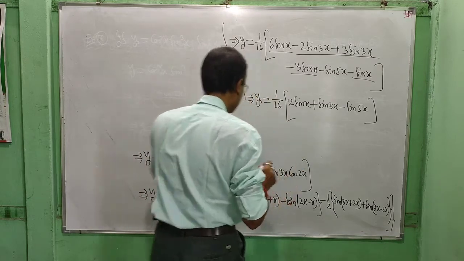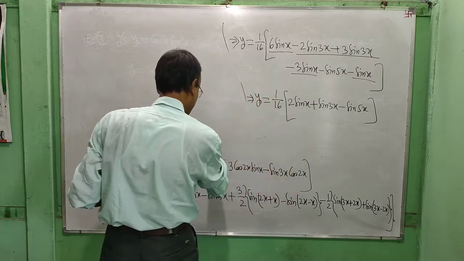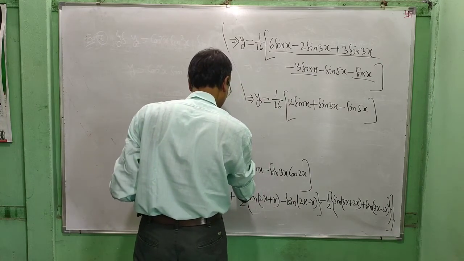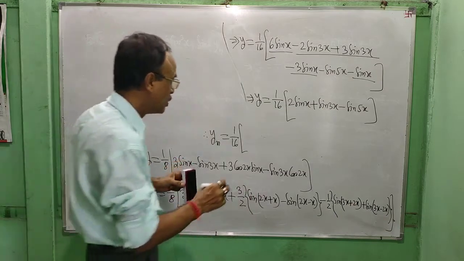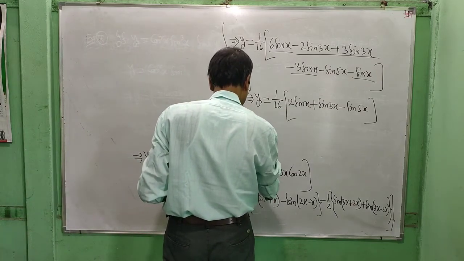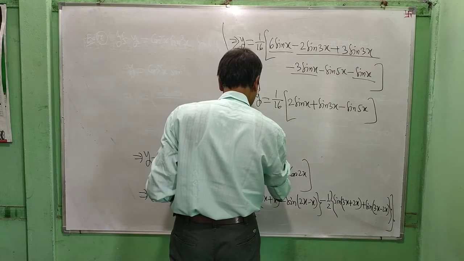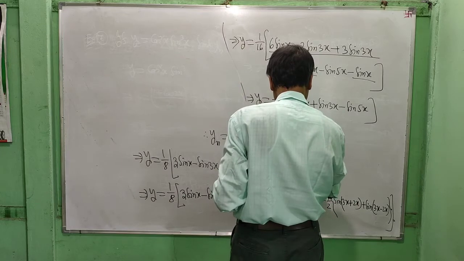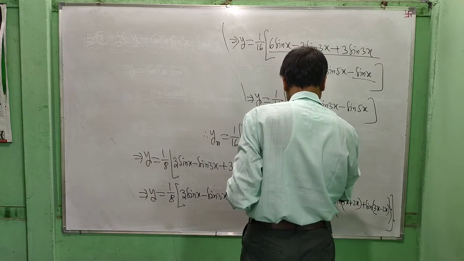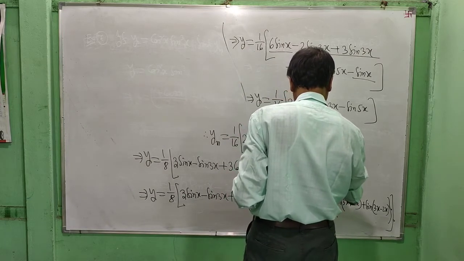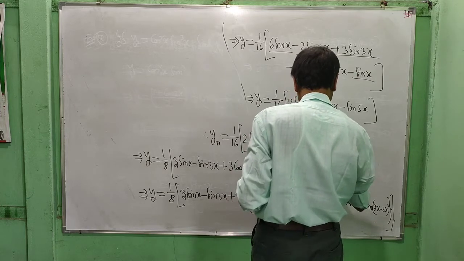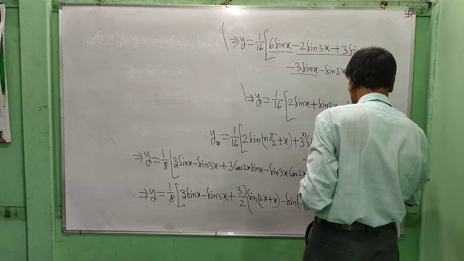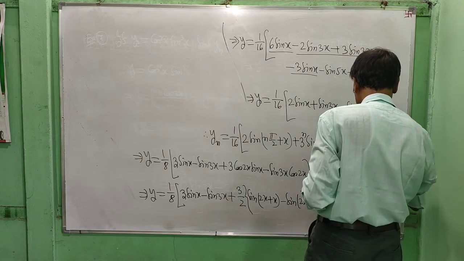Therefore, yn, I am writing here, yn is equal to 1 by 16 times 2 sin(n pi by 2 plus x) plus 3 to the power n sin(n pi by 2 plus 3x) minus 5 to the power n sin(n pi by 2 plus 5x).